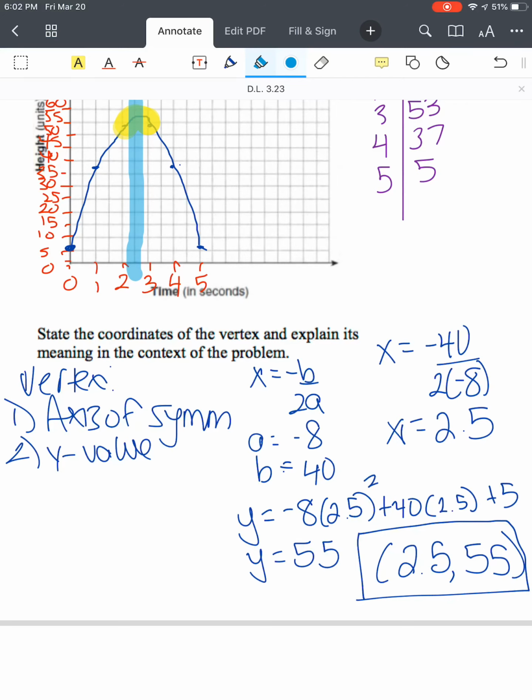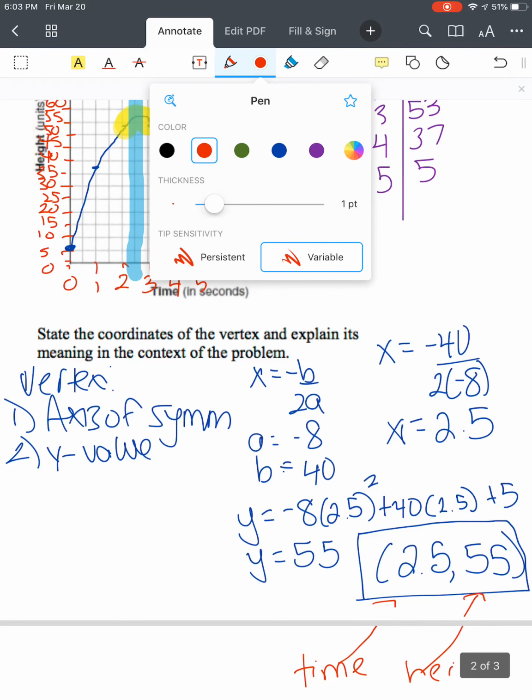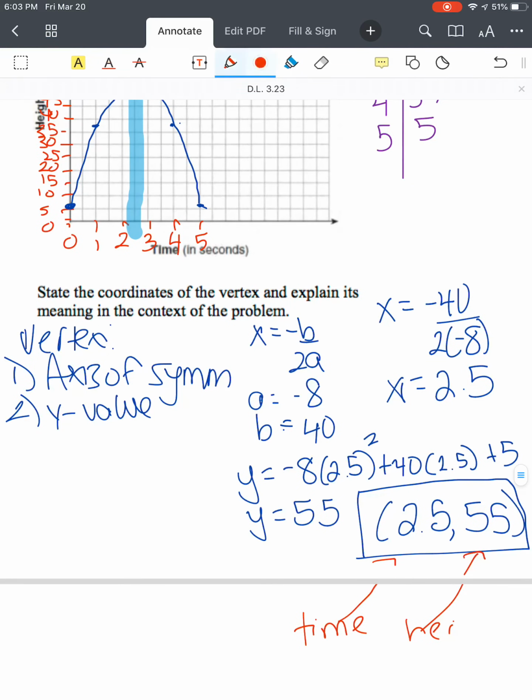Okay, and then let's explain its meaning in the context of the problem. So x is time, so 2.5 is time. Maybe let's make ourselves a little note of that. So that's time, and y is height. Okay, so at 2.5 seconds, the ball is at a height of 55 feet.